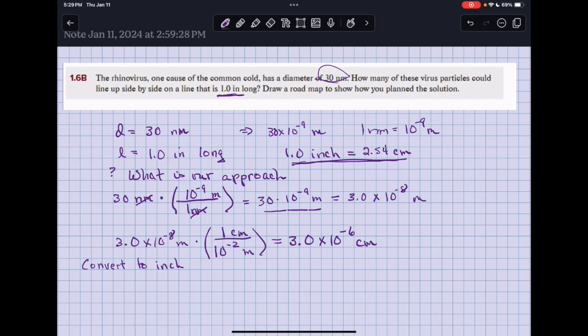So at this point, I'm going to go ahead and convert it to inches. So I'm going to start with my 3.0 times 10 to the minus 6 centimeters. And now what I want to do is convert to inches. So I'm going to use my conversion factor here, that 1 inch is 2.54 centimeters. And keeping in mind, I want to cancel out the centimeters, so that part has to be in the denominator.